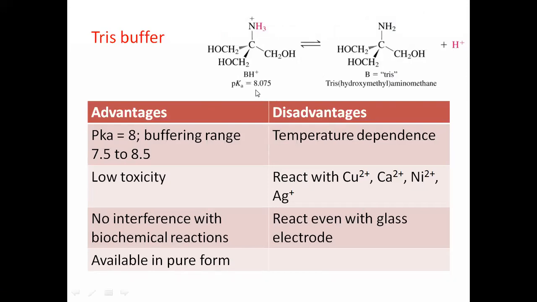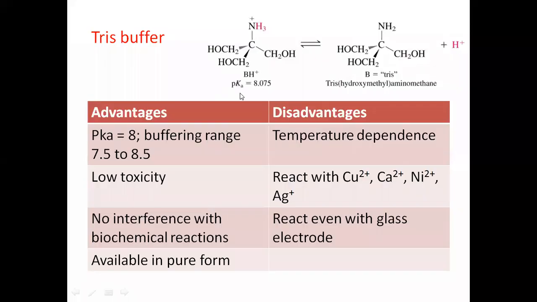The pKa value of this particular base is 8.075. So this is almost on the alkaline side. The advantage of this tris buffer is that the pKa value is 8.075, so the buffering range is from 7.5 to 8.5.